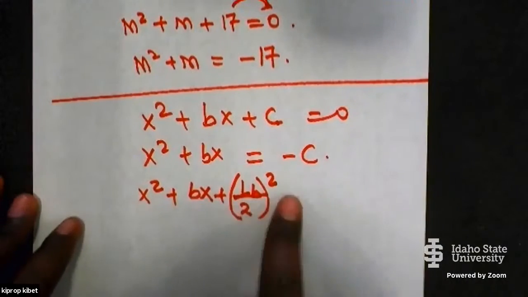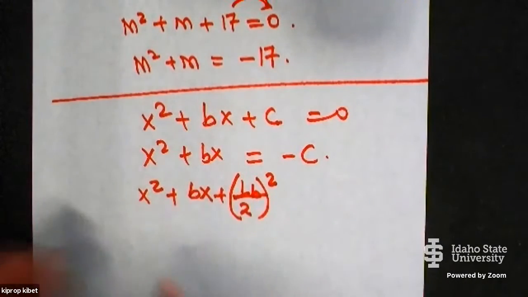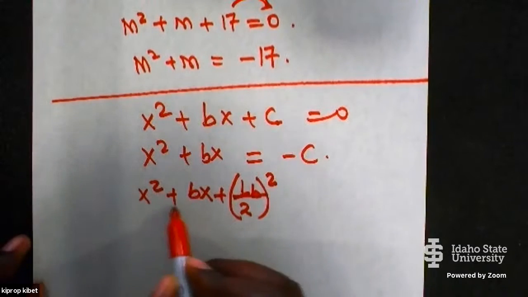Now, after multiplying by half the coefficient of x, it will be of this form because of this plus.